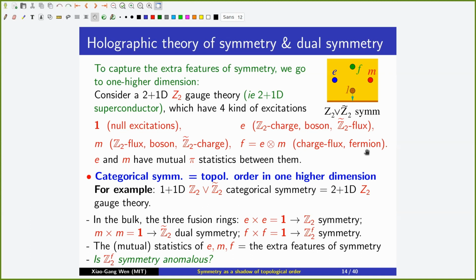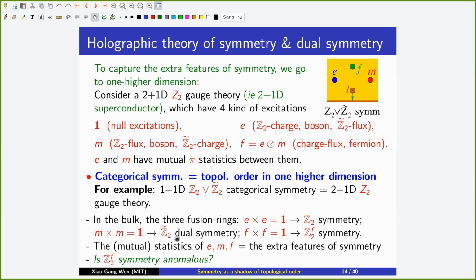So this Z2 gauge theory in one higher dimension happens to match what we want. For example, in the bulk, we have this mod 2 conservation of E, which corresponds to our symmetry. And the Z2 flux M particle also has a mod 2 conservation, which corresponds to our dual symmetry.